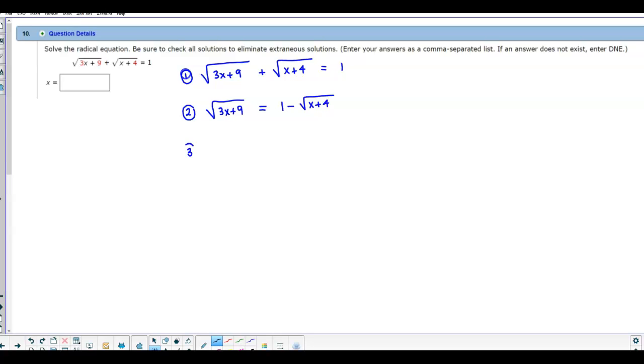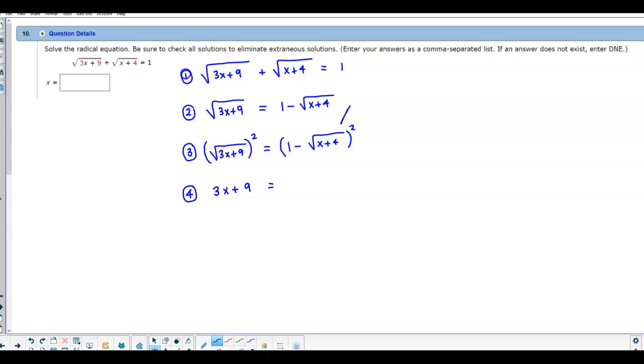Now the next step is we want to square both sides. So we're going to square the left side, and then we're going to square the right side. Now, when we square the left side, we get rid of the radical and we end up with 3x plus 9.